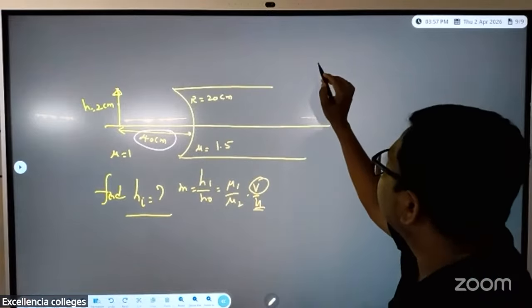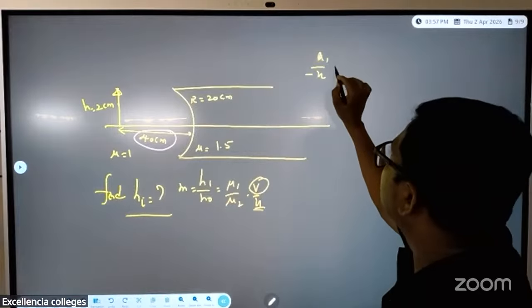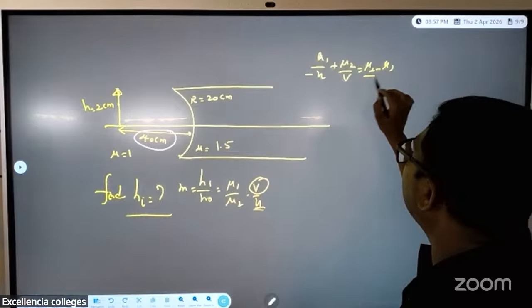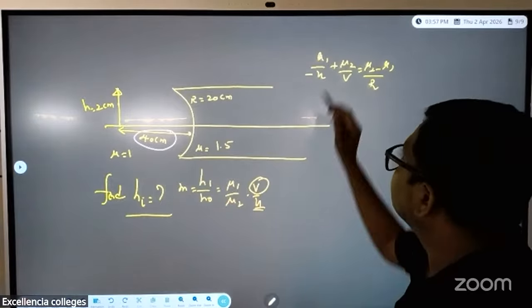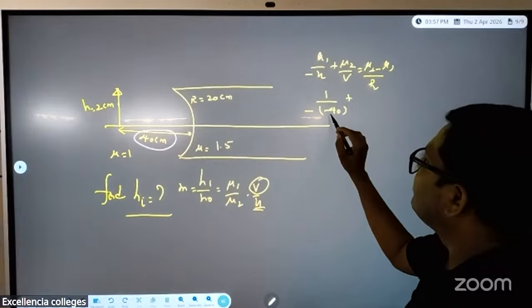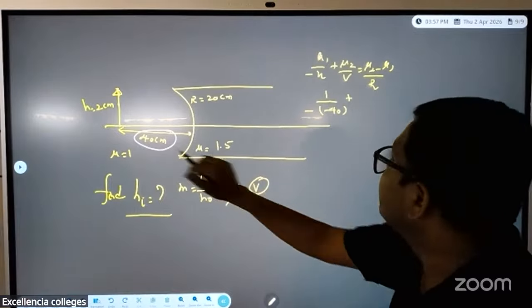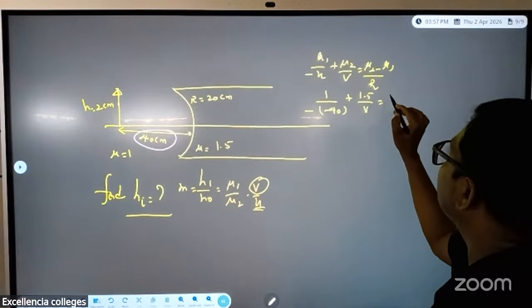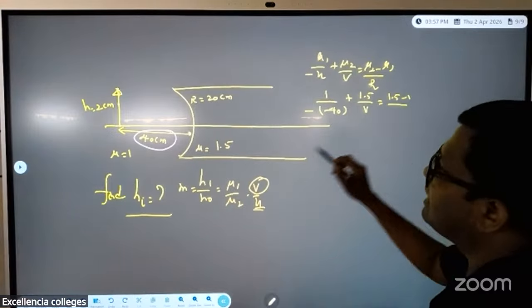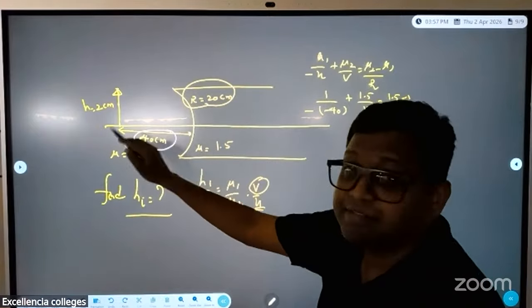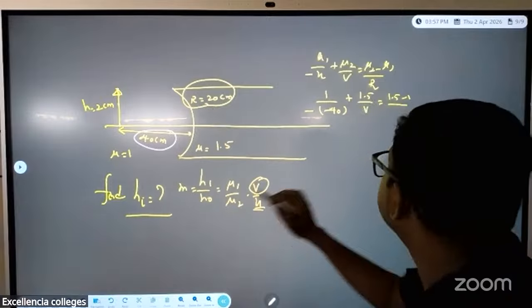So easily we can calculate mu1 by minus u plus mu2 by v is equal to mu2 minus mu1 upon radius of curvature R. So 1 by minus of minus 40 plus, we use the negative sign as per the sign convention, mu2 is 1.5 divided by v is equal to 1.5 minus 1 divided by radius of curvature 20.